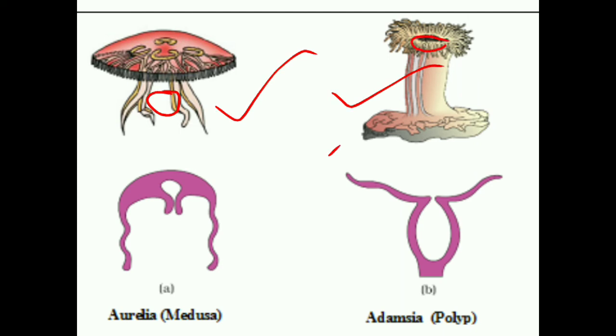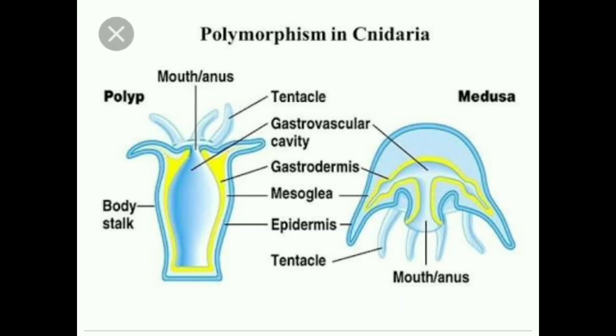Here is the mouth, and the mouth is surrounded by tentacles in both forms. Polyp forms are attached to the substratum, therefore they are sedentary or sessile, but medusa forms are free living. See here again, the first form is polyp form and the next form is medusa form. Mouth is present towards the dorsal side in polyp and ventral side in medusa. It is surrounded by tentacles.